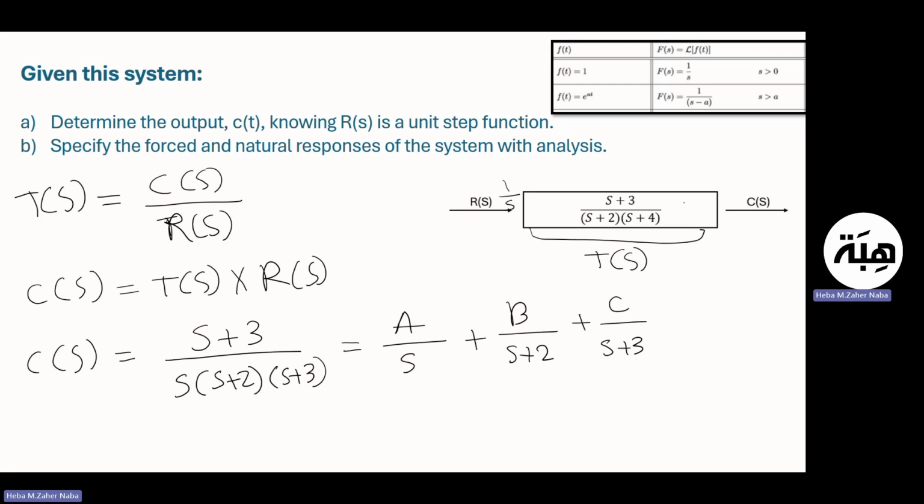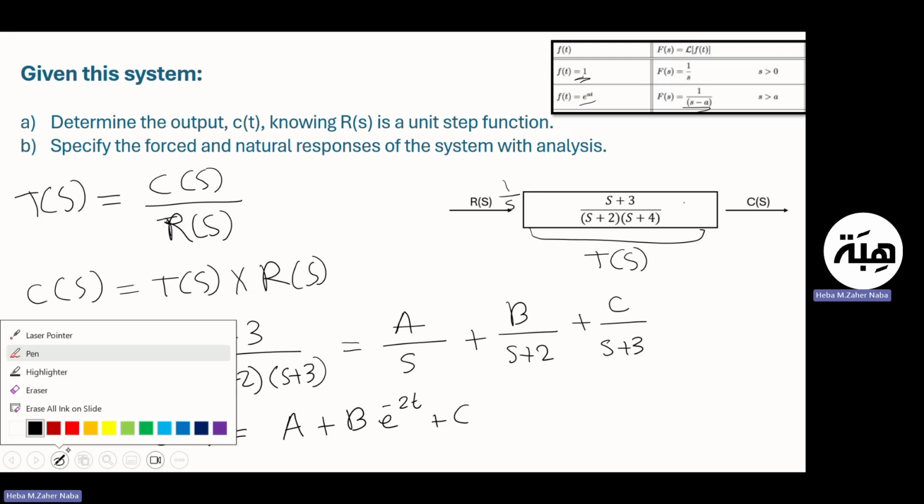Now, using inspection and the given formulas, we can determine that c of t is equal to A, the constant here, plus B e to the power minus 2t from this given formula, plus C.